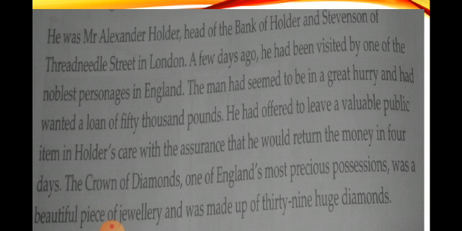So, in return for that loan, he was ready to place something as assurance, and it was a crown of diamonds. It was a beautiful piece of jewelry made up of 39 huge diamonds, and it was one of England's most precious possessions.